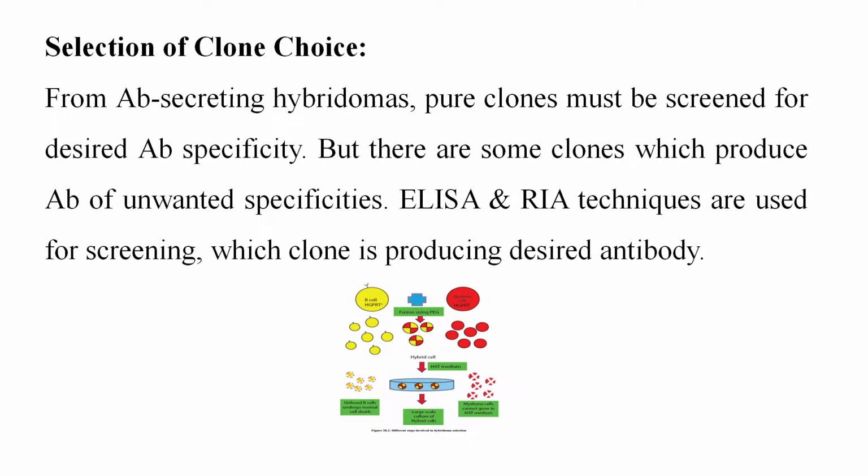Some clones will produce antibodies that have unwanted specificities, that is, specific to some other epitope rather than the epitope of choice that we want. This differentiation or removal of these unwanted clones can be done using ELISA and RIA techniques. So ELISA and RIA techniques are used for screening which clone from these hybridomas will be producing the desired antibody that has the specificity to the epitope that we want.